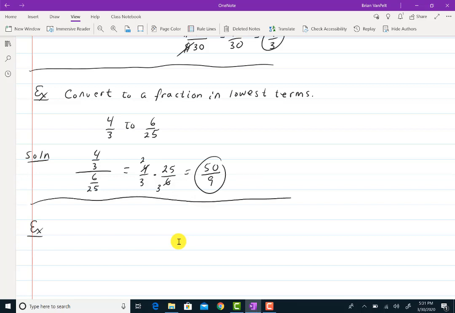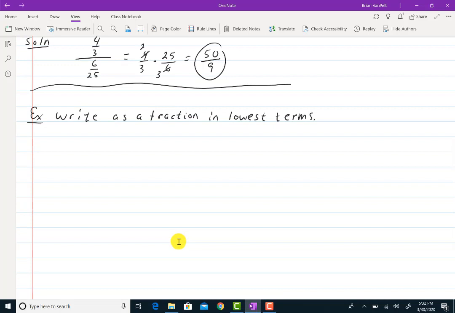Another example. Most of these are going to be exactly the same thing. So write as a fraction in lowest terms. And what do we have?